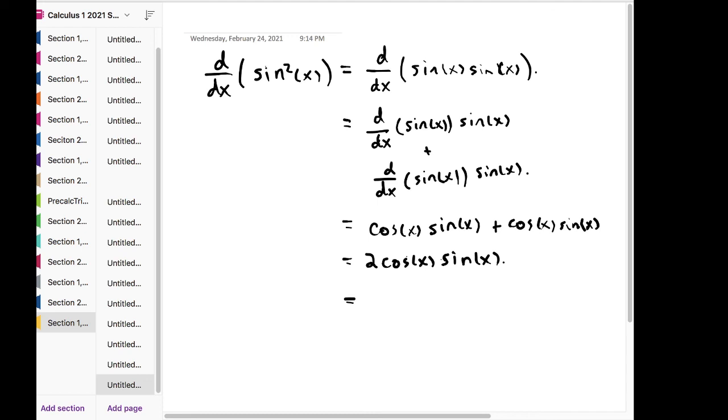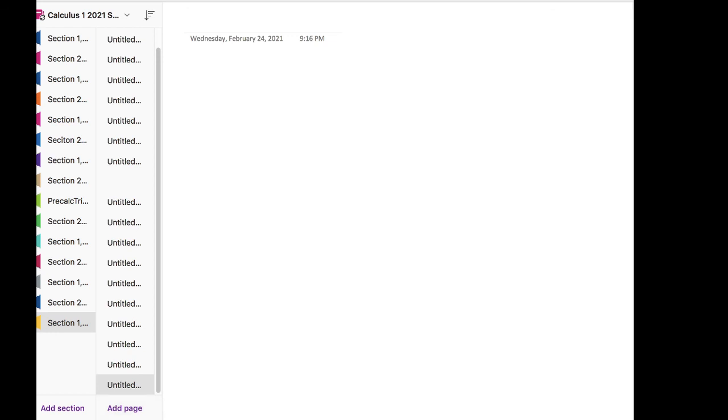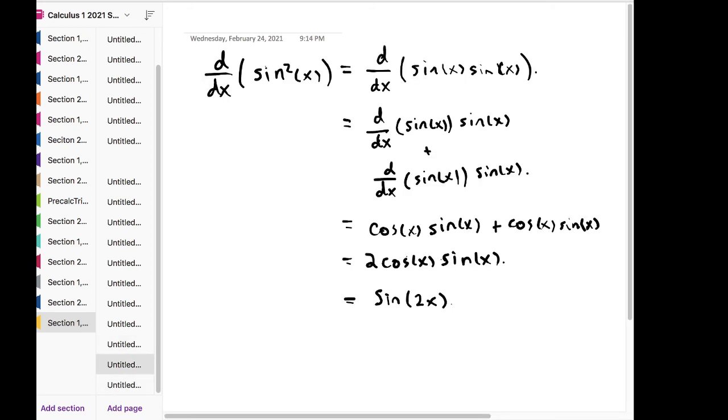We'll get more used to these rules, but it's good to remember these double angle formulas. So this is sine of 2x. So the derivative of sine squared is actually sine of 2x, which is interesting. Yeah, this is the double angle formula. Sine of 2x is 2 sine cosine.